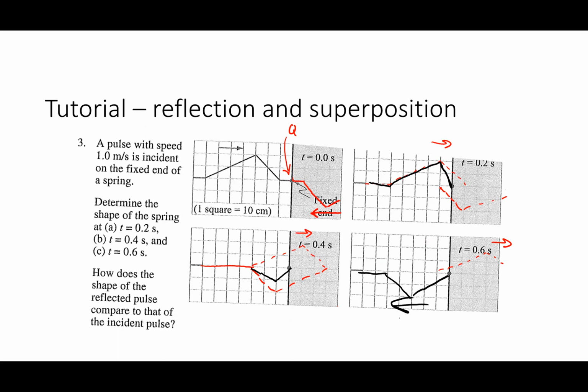So if I imagine that the string carries on past the barrier, and imagine a wave coming in from the imaginary string, if that wave has the right shape, then it will always cancel out at the boundary. As a result, I can use that to prove that the wave coming back from the boundary is always going to be upside down. So waves or pulses traveling at a fixed boundary like this are reflected upside down.